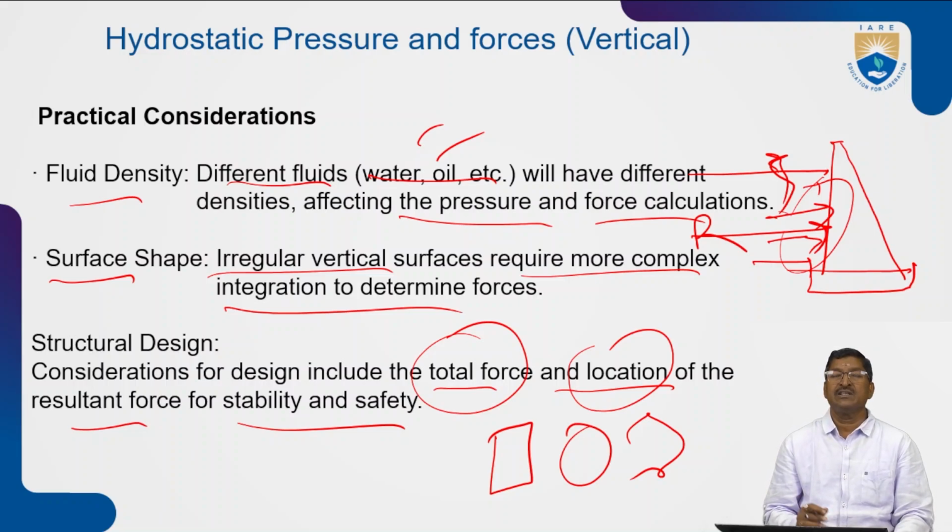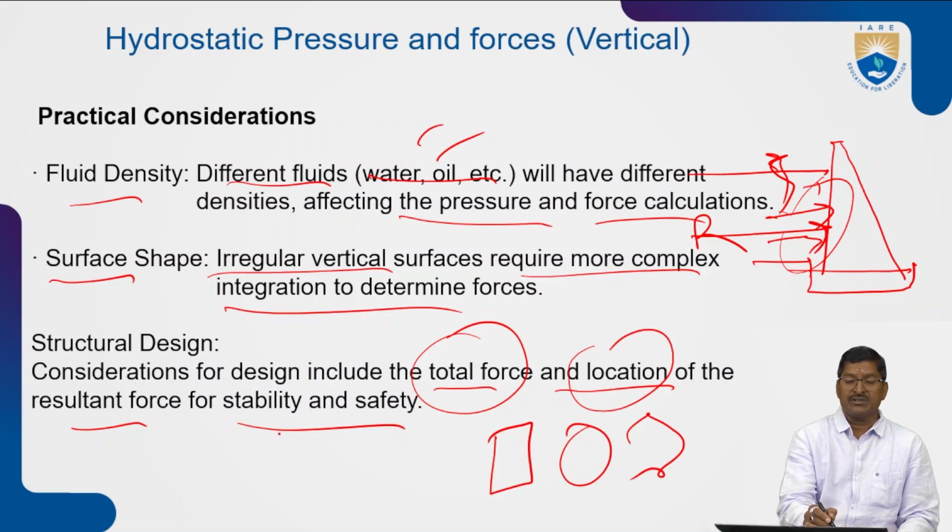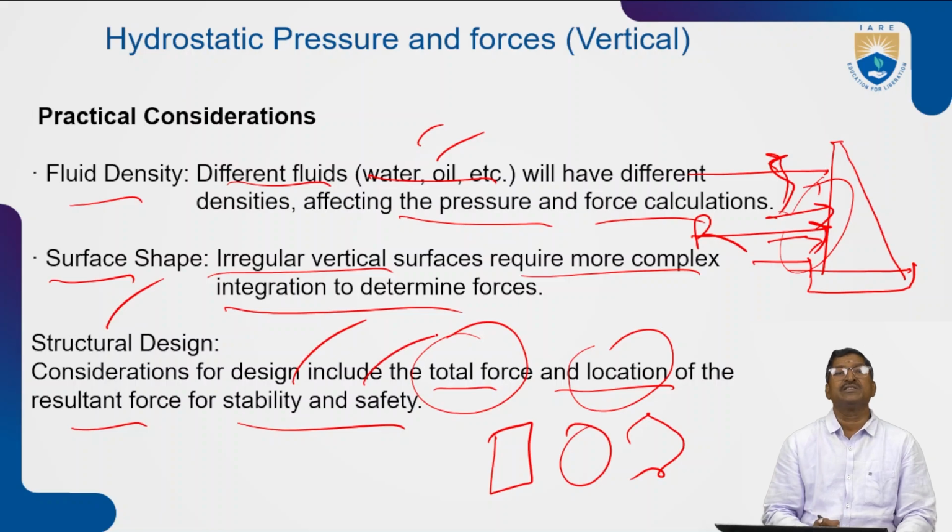Hence we can design structures so that they have stability and safety. If it exceeds the capacity of the retaining wall, the wall may overturn or get damaged because of the more pressure or force applied by the fluid.